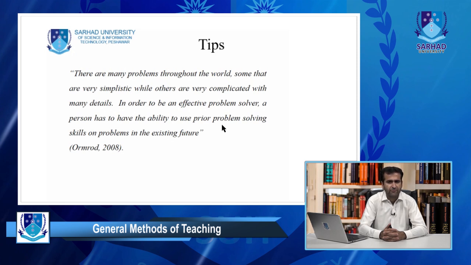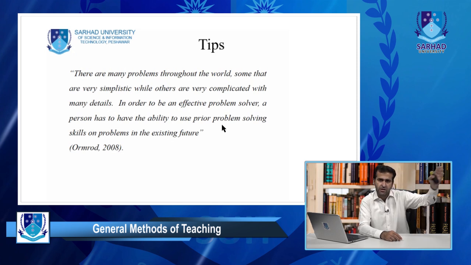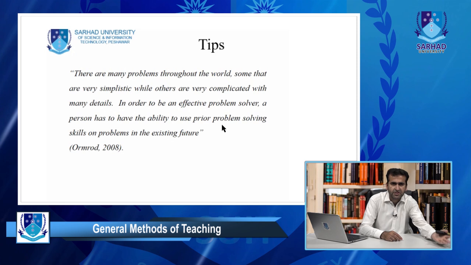In order to be an effective problem solver, a person has to have the ability to use prior problem solving skills on problems in the future. A very nice and impressive statement: if you feel that in future you will face a problem, you must have prior problem solving skills, so that you solve the problem before it arises and do not face any barriers.